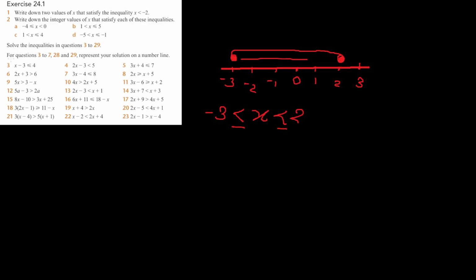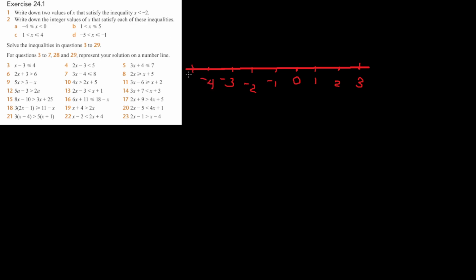So for question number 1, write down two values of x that satisfy the inequality x is less than minus 2. If we were to represent this on the number line, let's increase this a little bit.